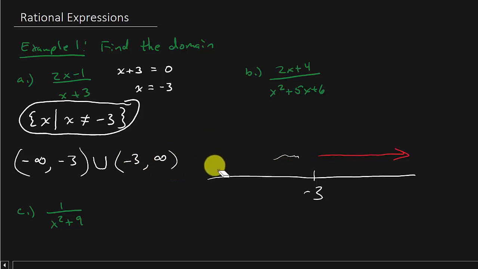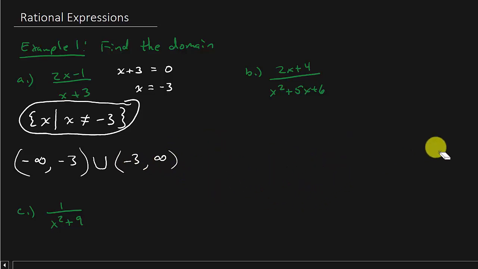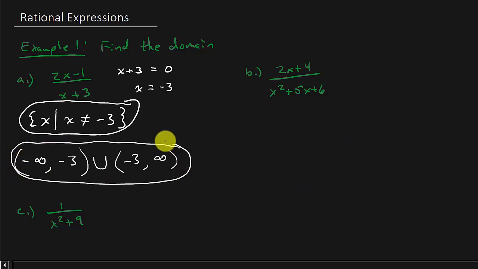And that's another way that you could write the domain of that function. Now, how do you write it? I don't know, however your teacher wants you to write it. The book that I'm teaching out of writes it this way, and I've seen it where some books write it like this.